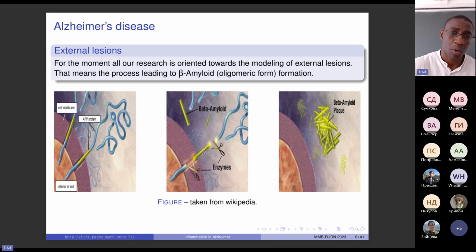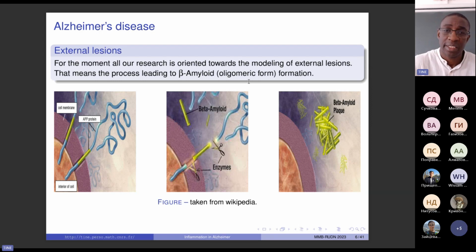When it is cleaved by the two enzymes, it releases what we call beta amyloid. This beta amyloid is supposed to be dissolved in the cerebrospinal fluid and to play a nice role for our brain.